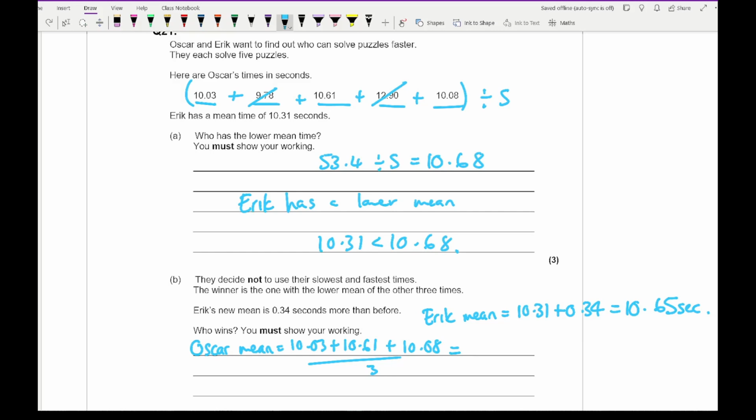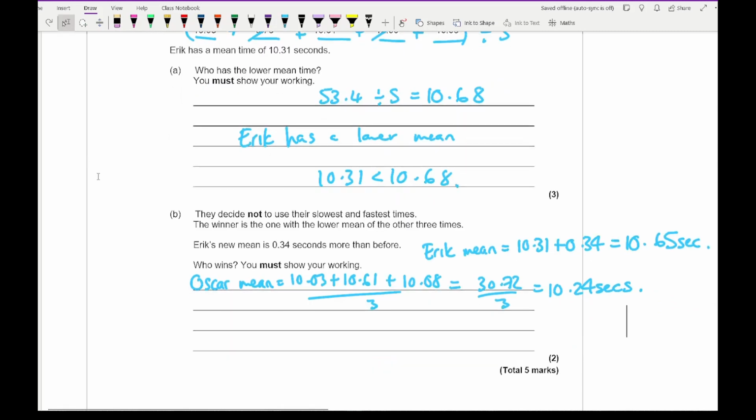If I quickly work that out on the calculator, 10.03 plus 10.61 plus 10.08, that comes up to a total of 30.72, divided by 3, which gives him a time of 10.24 seconds. So who has a quicker mean? Well, it's going to be Oscar. So Oscar wins.